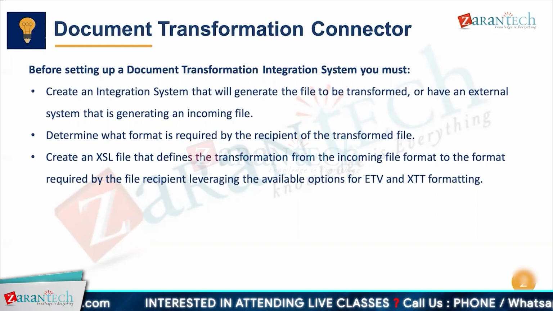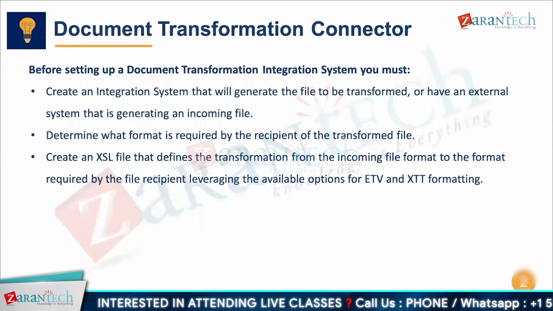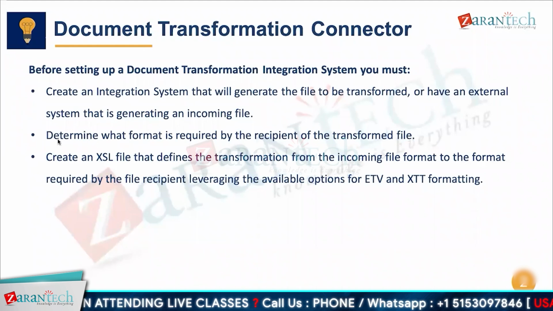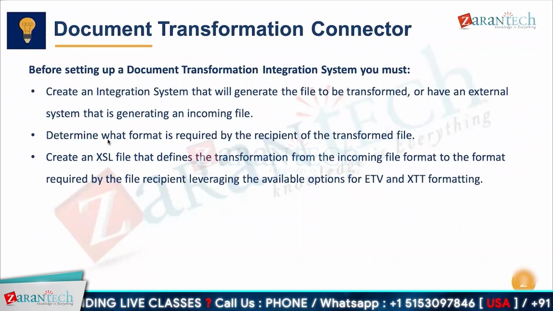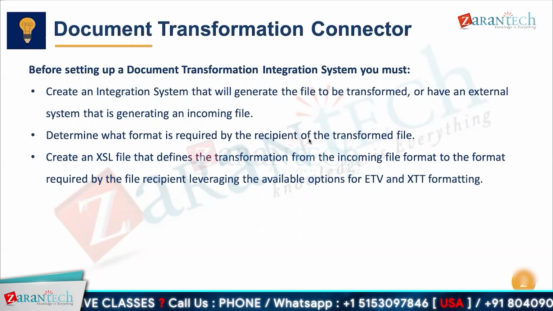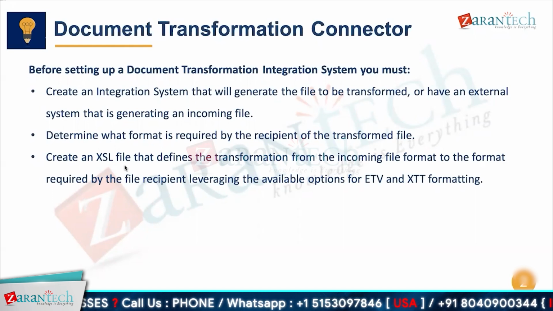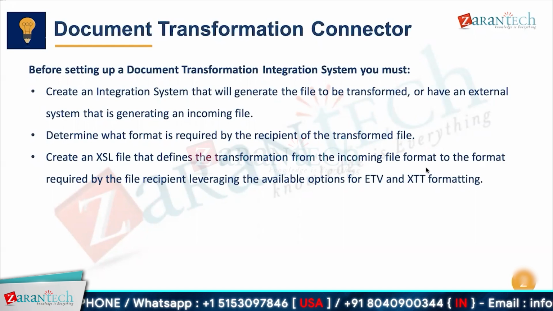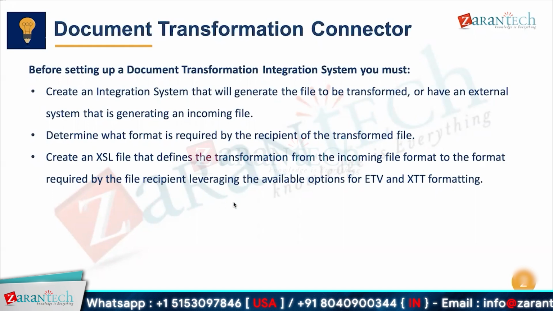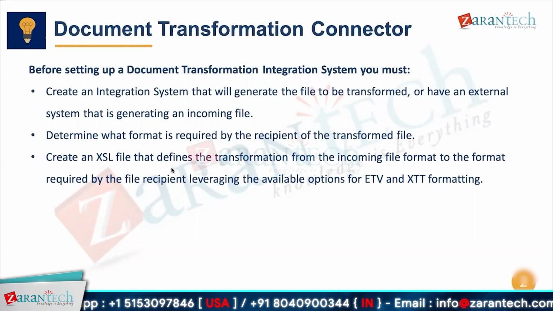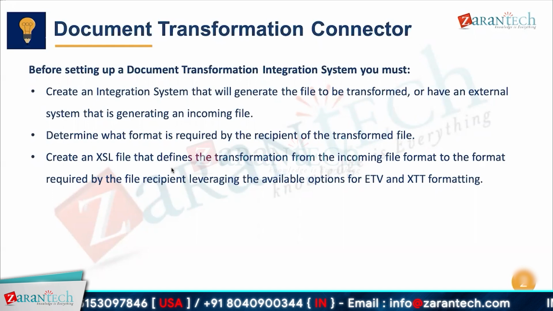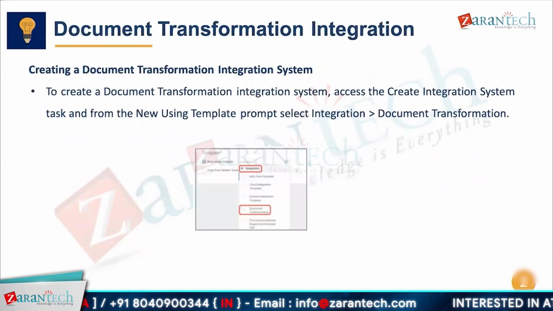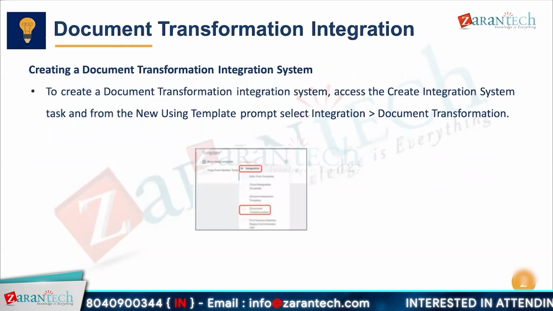Secondly, that integration system should exist which will generate the file. Then we identify what format is required of the transformed file, and then we create a transformation from the file format to the file required by the file recipient. So we should know the format of the file, and in which format we actually need it. So based on that we'll define.